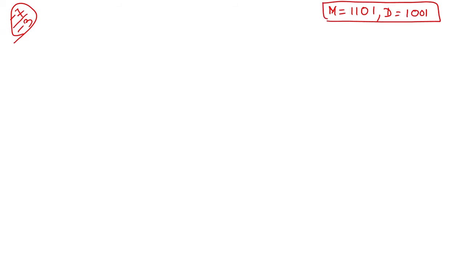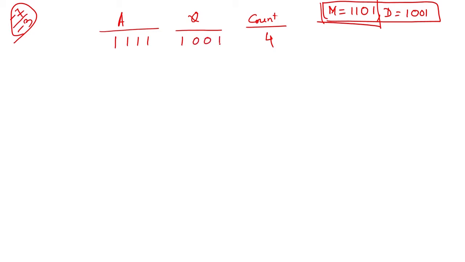Then what we have to do? You have to take A, Q, count 4 and M is this one. So, the dividend you have to represent. So, therefore, 1 2 3 4, 1 0 0 1, right.